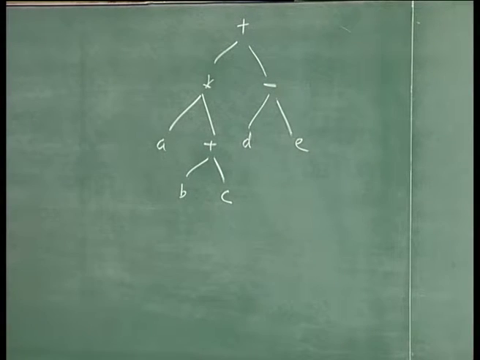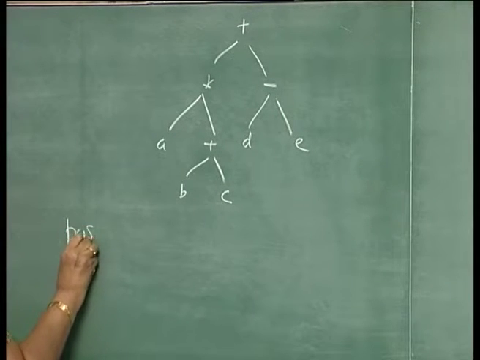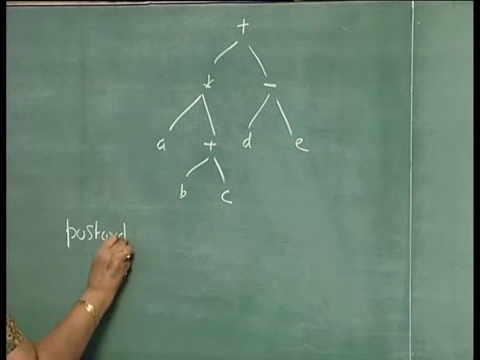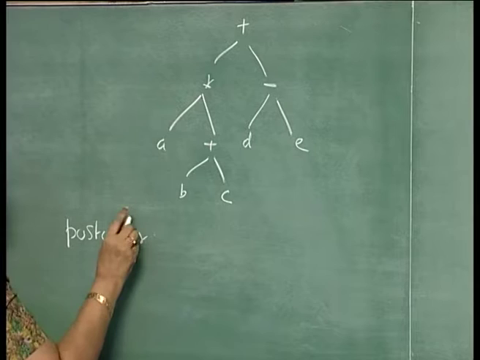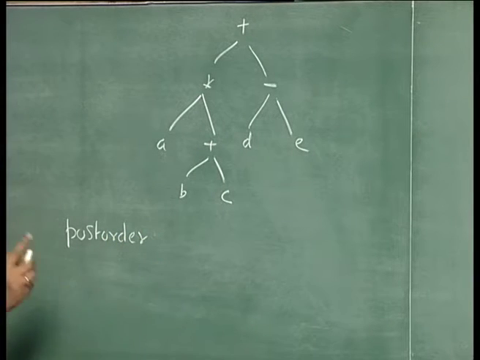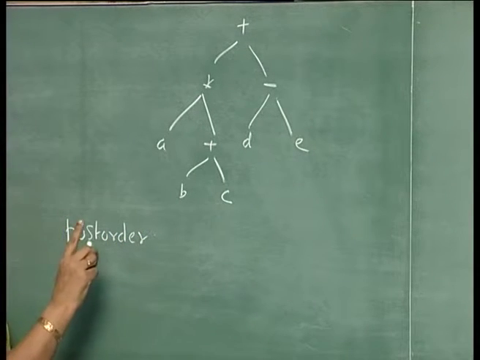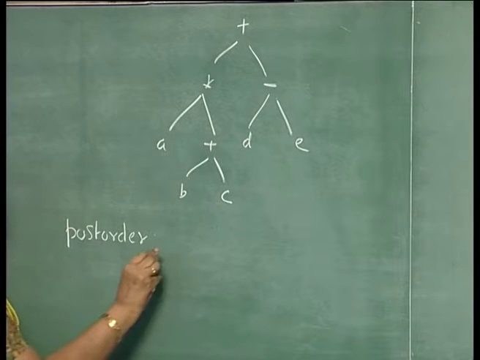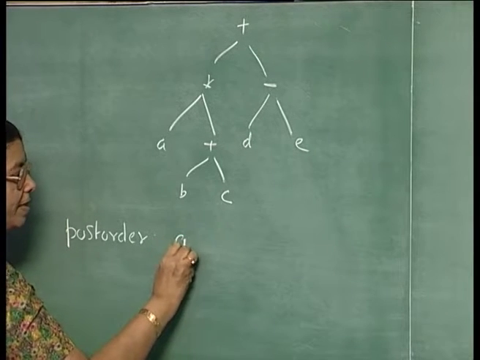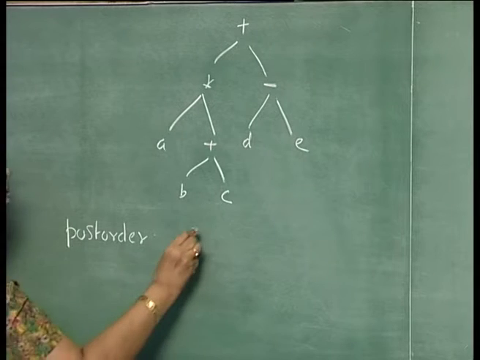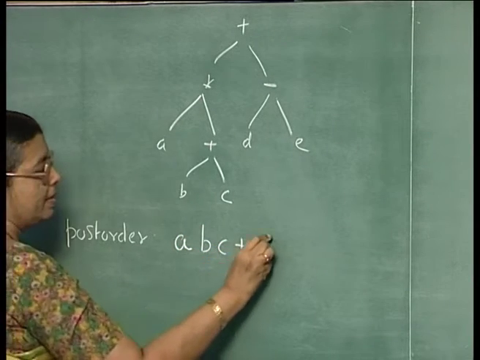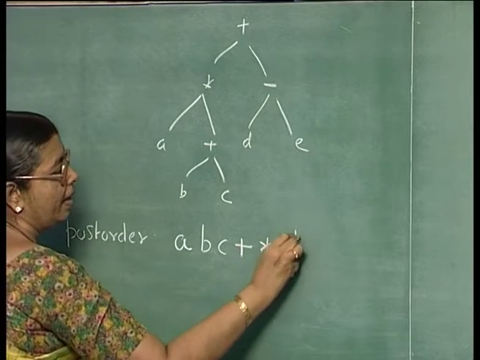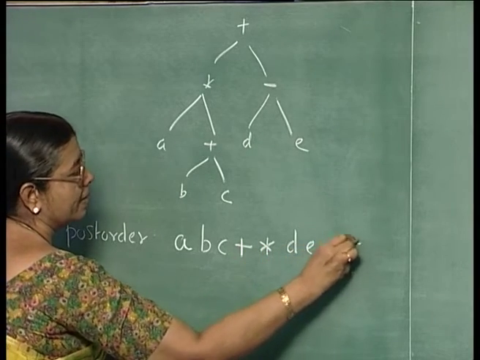If you traverse this tree in a post-order manner, what is the sequence of vertices visited and how do you write that sequence? You see that in the post-order, left subtree, right subtree, root, that is the order in which you go. So, the order in which you traverse will be given by A, B, C plus, star, D, E minus, plus.